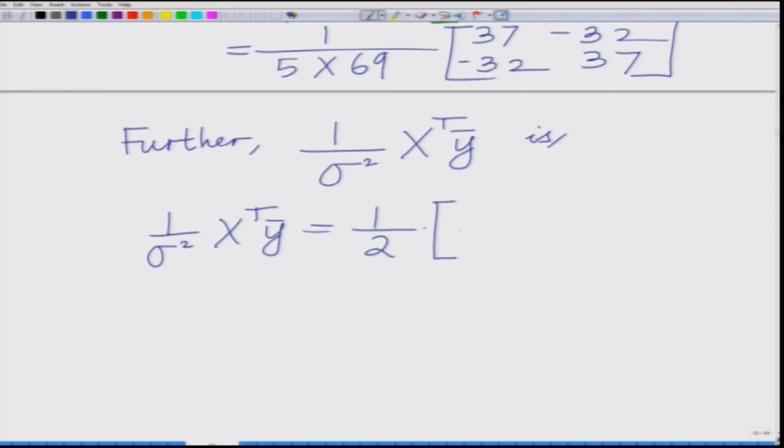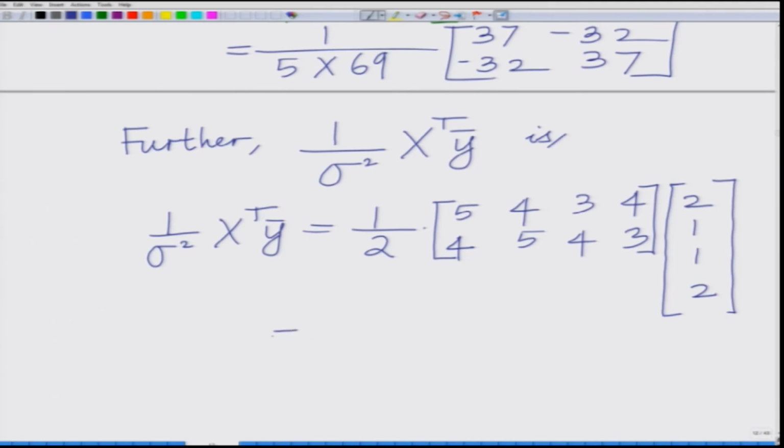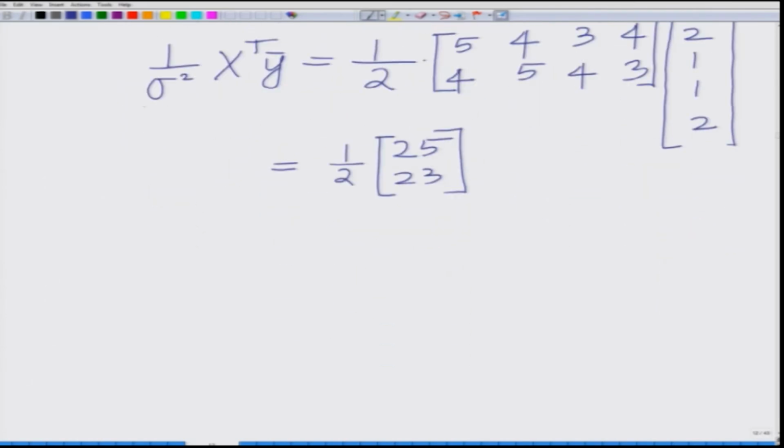So, 1 over 2, x transpose is 5 4 4 5, 3 4 4 3, times 2 1 1 2, which is equal to half 25 23. And therefore, we have computed both these components, 1 over sigma square x transpose y and the other.